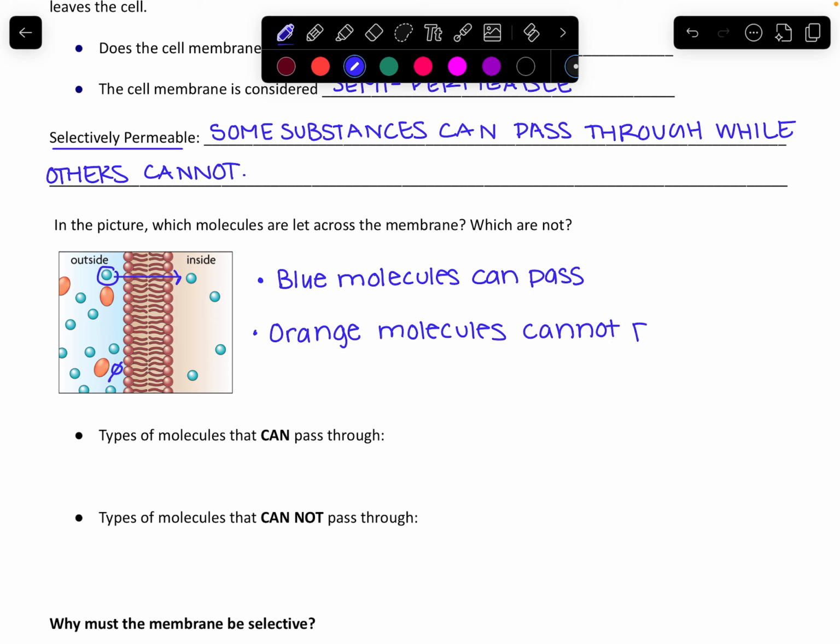And in yesterday's activity, you looked at some of the properties that determine what can and cannot pass. I'm just going to go over them now.